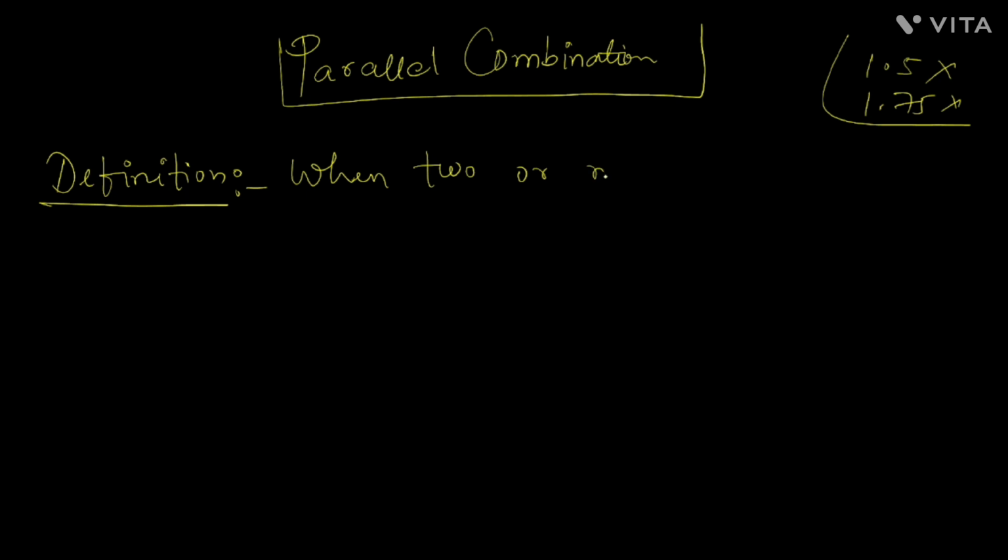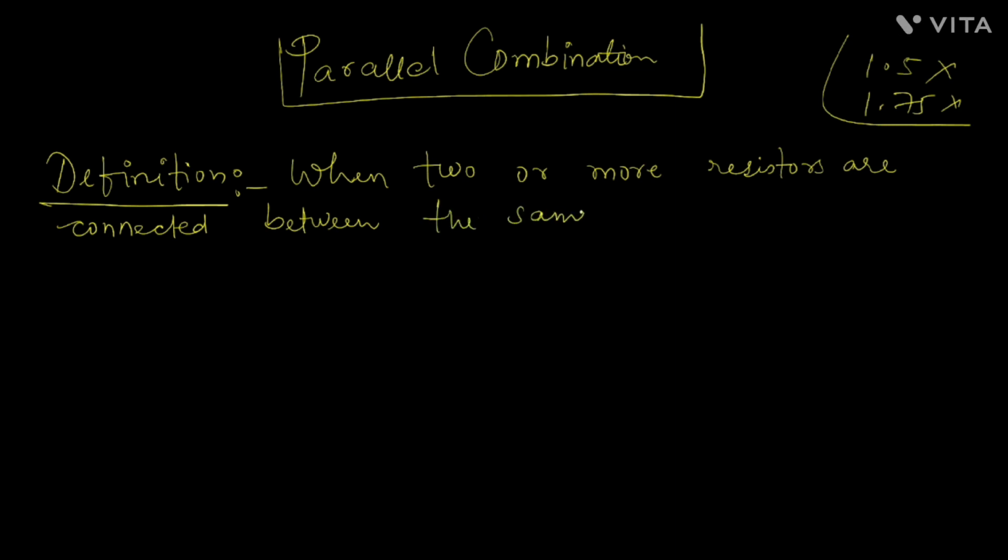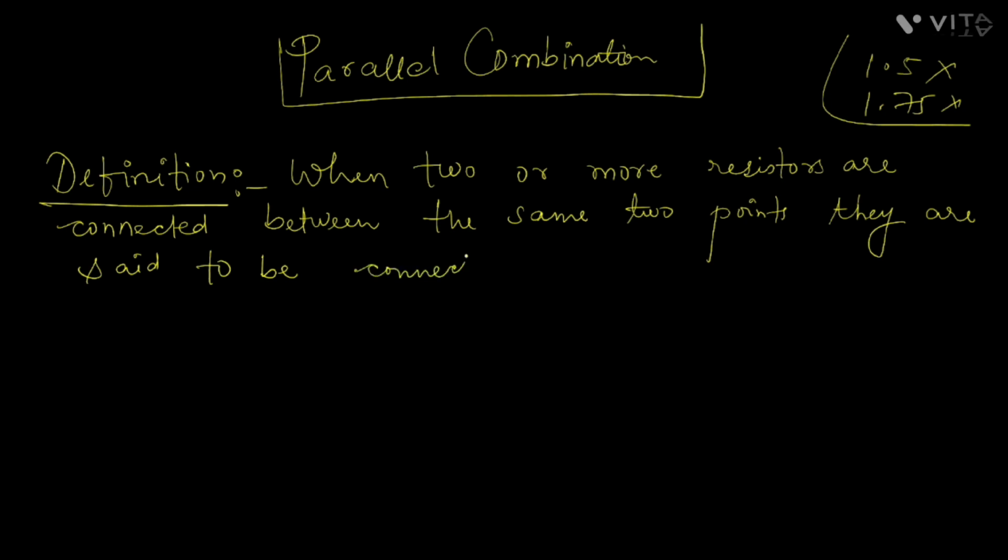When two or more resistors are connected between the same two points, they are said to be connected in parallel combination. This is the definition of it.